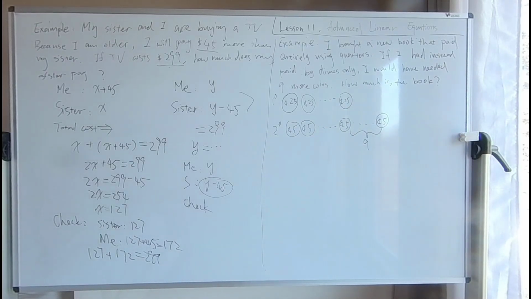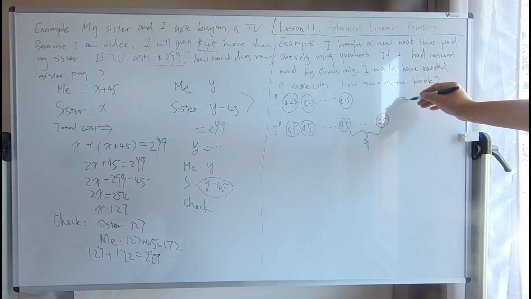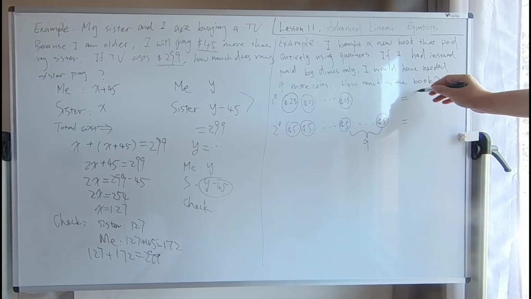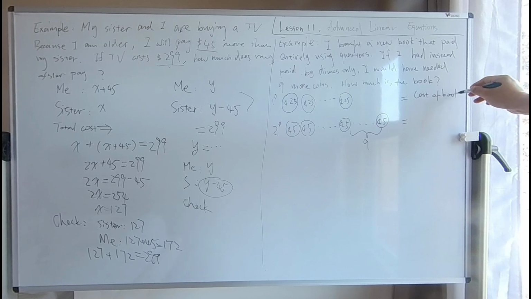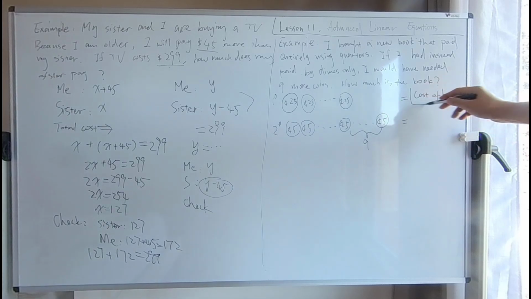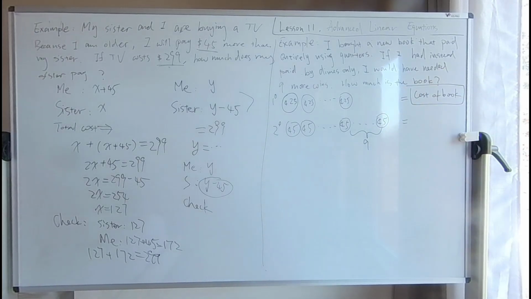Now you see the relationship, right? And then each of them will give you the total cost of the book. Right, so now writing in this way, you probably already see the equivalent quantity for you to construct the equation, that is the cost of the book. That is kind of clear.